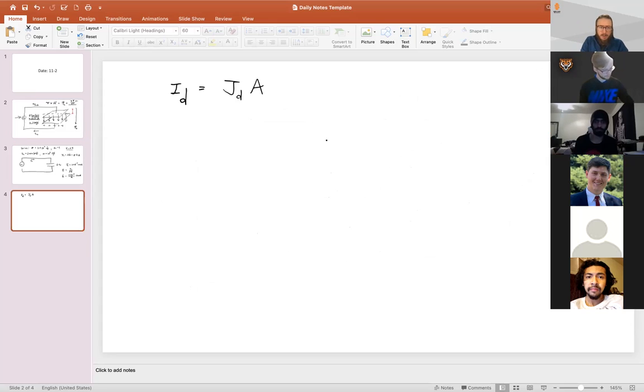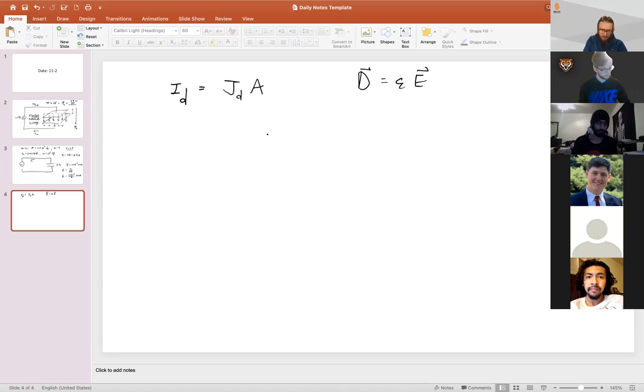And if we were to do that, we could write an expression for our current here as being equal to this. And because we're dealing with a full circuit, it's a little inconvenient to use vectors because the current changes vector direction.